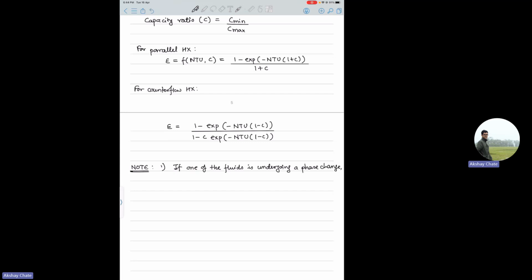In that case, what happens? Your MCP, m dot Cp of the phase change fluid, becomes your Cmax, and that tends to a very high value.